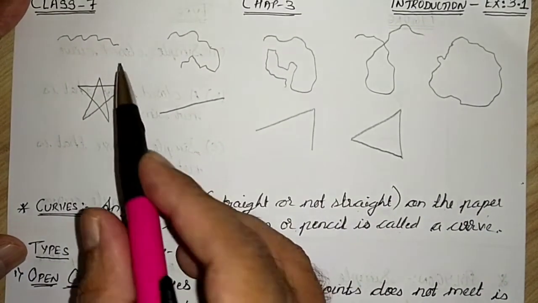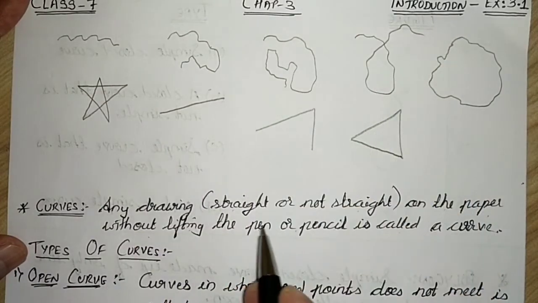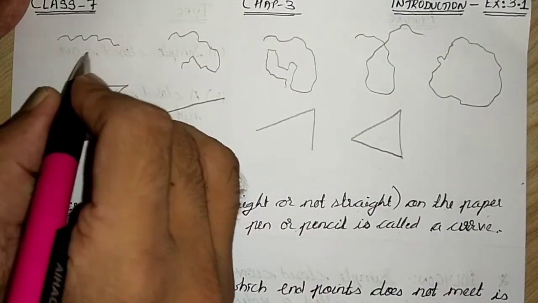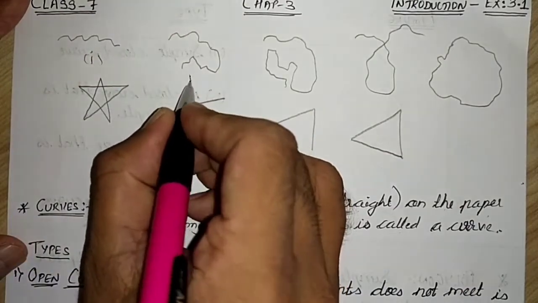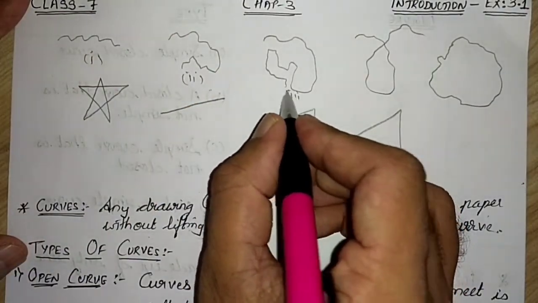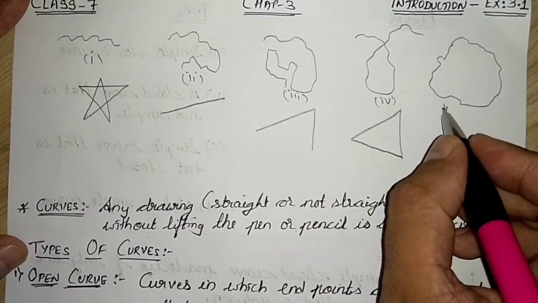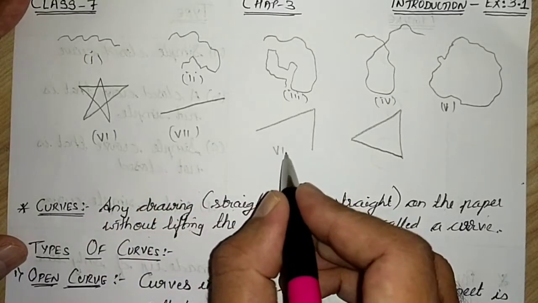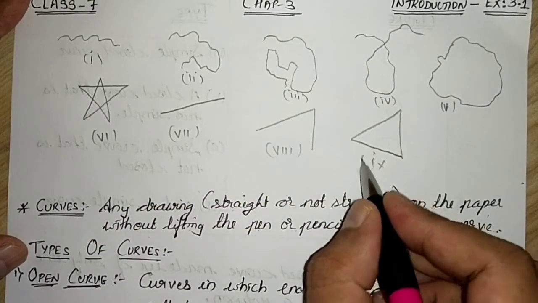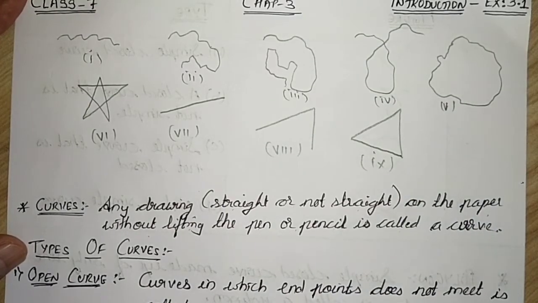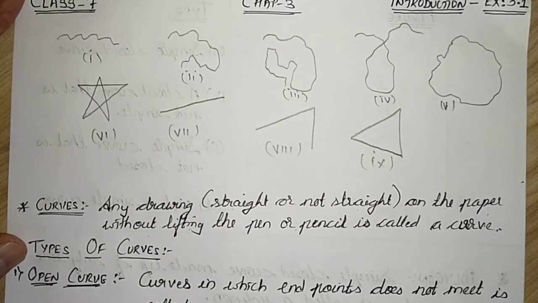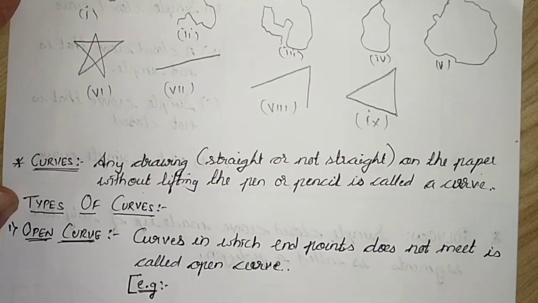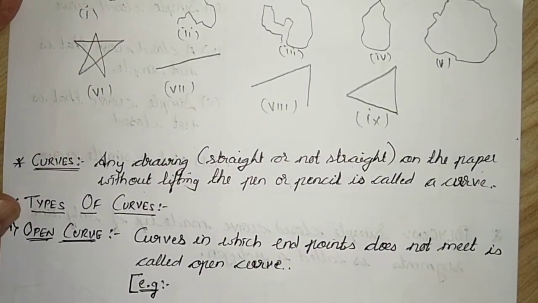You have seen each figure I have made without lifting the pen. So each figure, let me name it 1, 2, 3, 4, 5, 6, 7, 8, 9. Each figure is a curve. You must have understood what a curve is now. Any figure, any straight line or not a straight line drawn on a paper without lifting a pen or a pencil is called a curve.